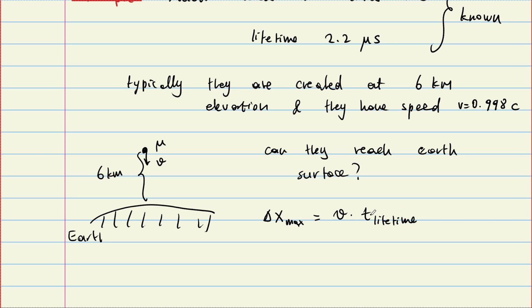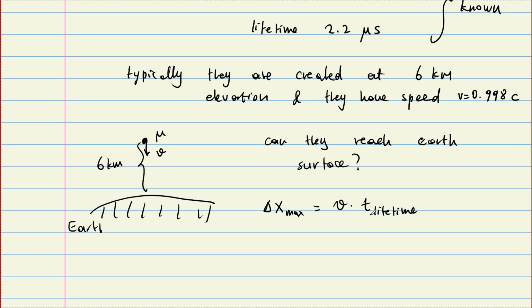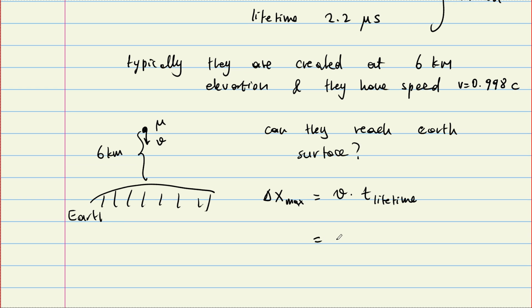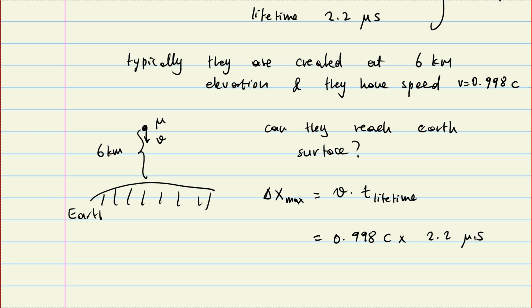Speed times time is the distance. Speed is 0.998 c, and time is 2.2 microseconds.